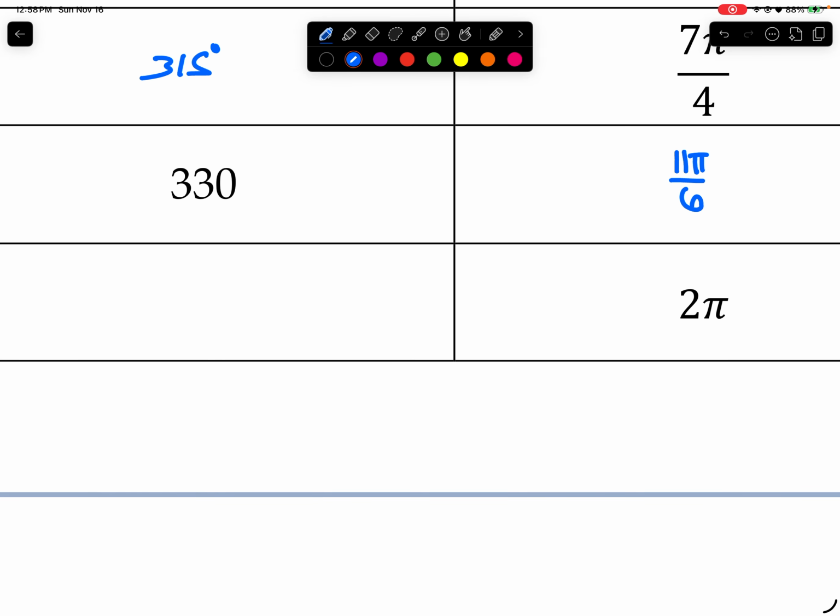And then 2 pi all the way around is going to be 1 full revolution, which is 360 degrees.